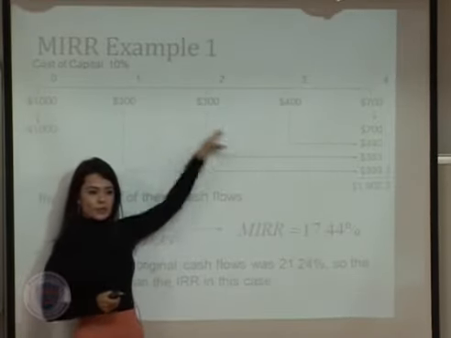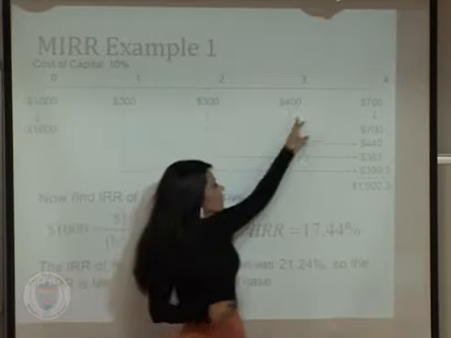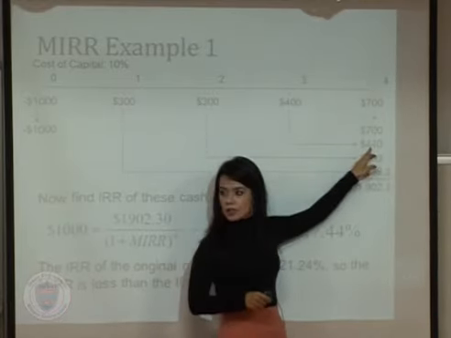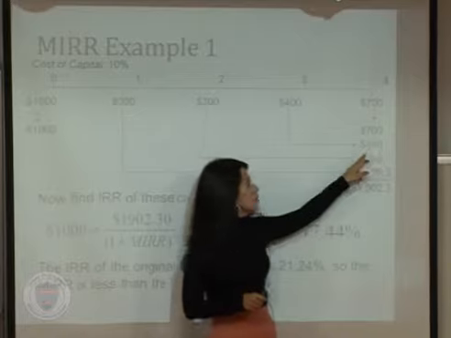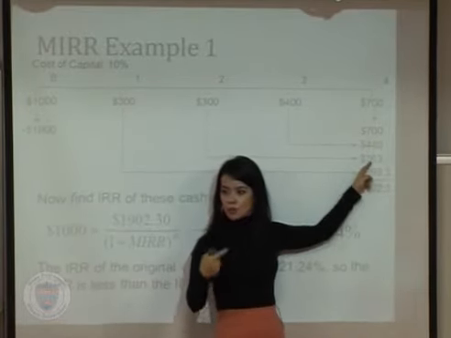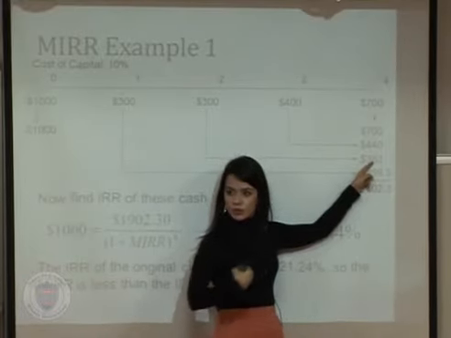How am I going to take them to time 4? You tell me. The cost of capital is 10%. 400 times 1.1. Here I have 300 times 1.1 to the power 2. So I'm calculating the future values.